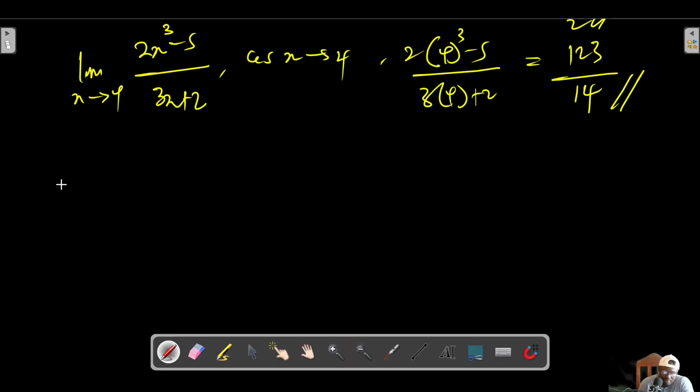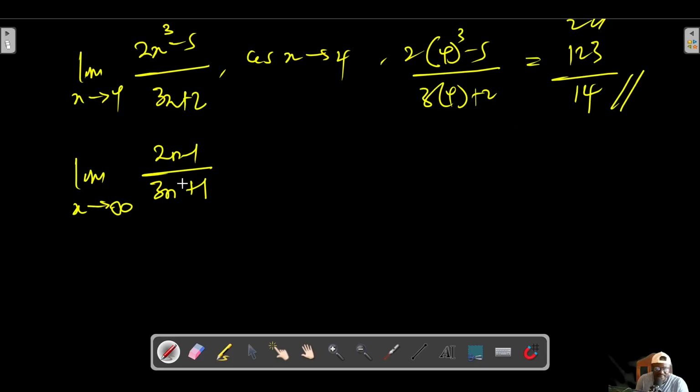Now let's just say you have the limit as x approaches infinity of (2n - 1) divided by (3n + 1). You realize when we're talking about the limit to infinity, what did we say you do? You divide through by the highest power of the independent variable.